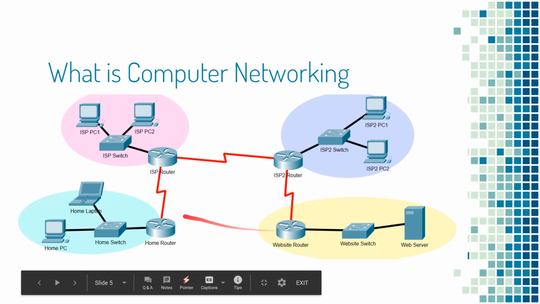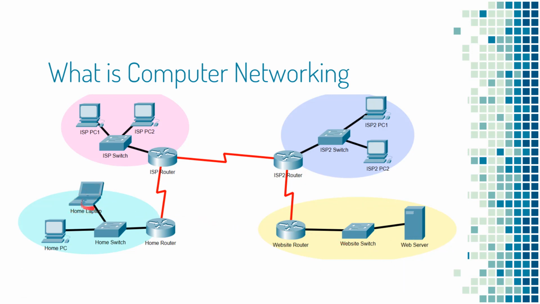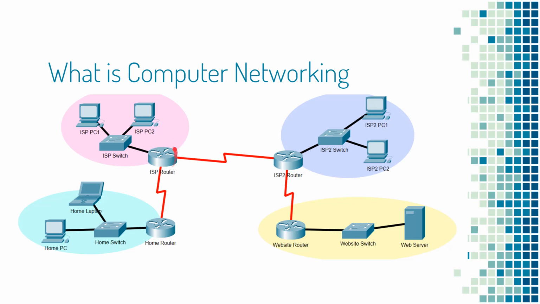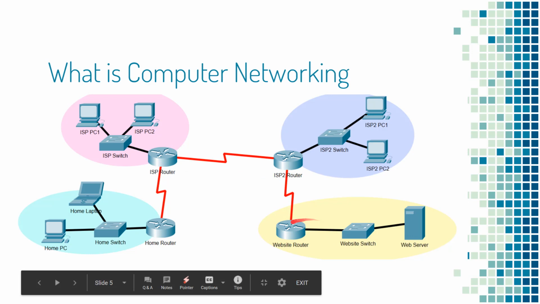So if you are on your laptop and you type google.com in your browser, your request goes from here, and since all these routers know how to navigate or deliver your message to the destination, it moves this way.